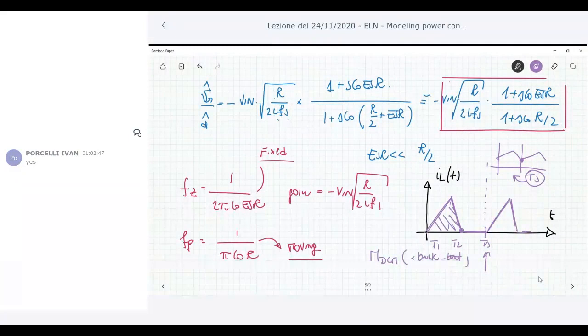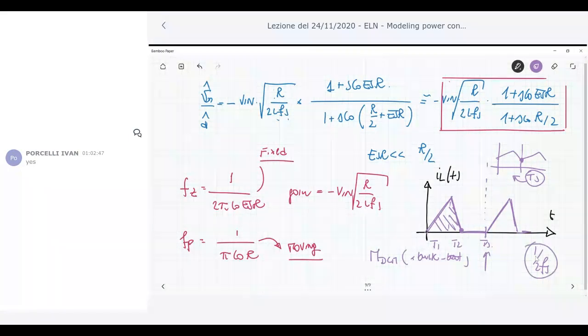And remember that my small signal model is valid up to 1/2 f switch. Okay, this does not happen here, so the poles of the inductor do not appear here. There is only the pole of the capacitor, but there is no inductance in this equation.